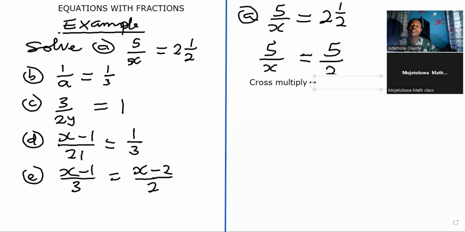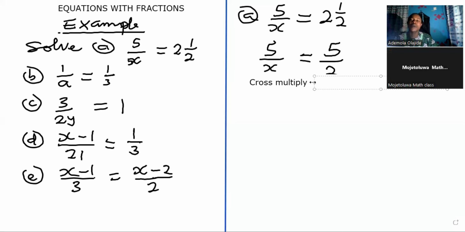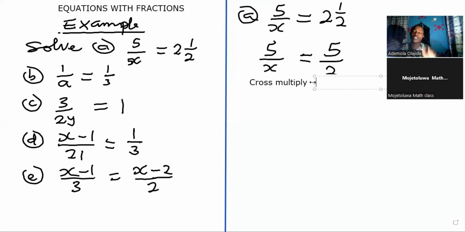Just like if I say why are we dividing both sides by the coefficient, maybe we have 2x equal to 6, and we say divide both sides by 2. If I ask you why are you dividing both sides by 2, you tell me because that 2 is the coefficient of x. But this one, I just explained the reason why we cross multiply to solve a fractional equation.